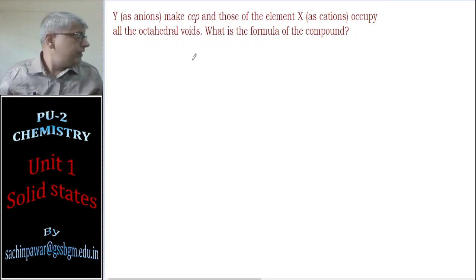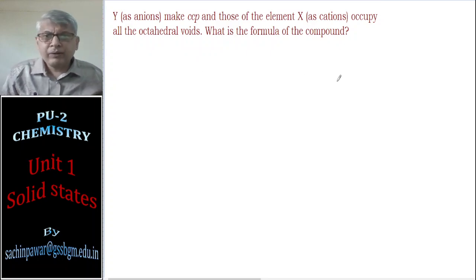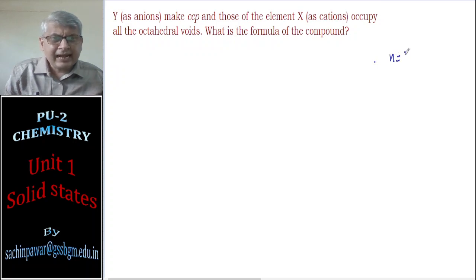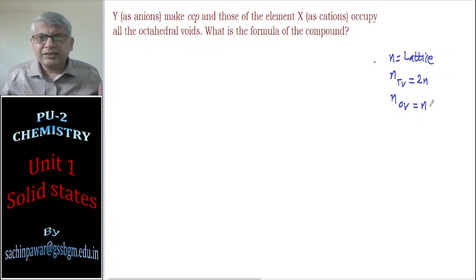Now, when I say a problem, remember one important thing. If n particles are forming the lattice, then the number of tetrahedral voids is equal to 2n and the number of octahedral voids is equal to n. This is the general formula which you are supposed to remember for finding the formula of the compound.